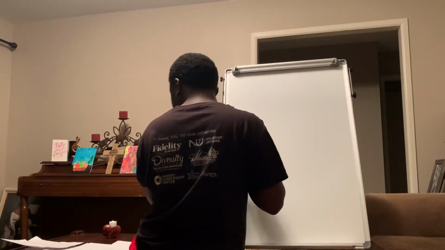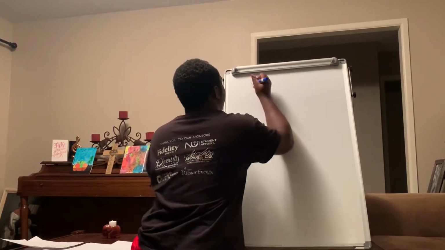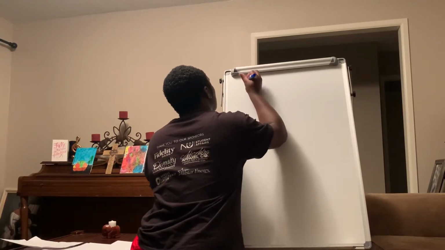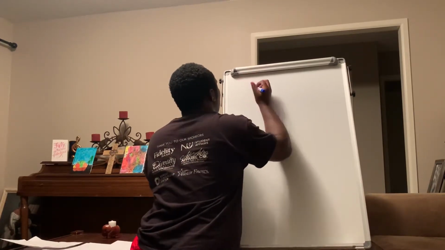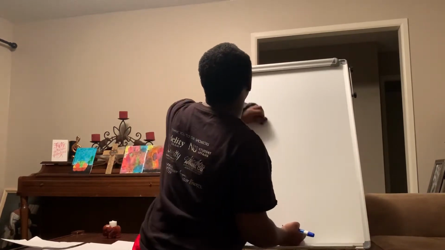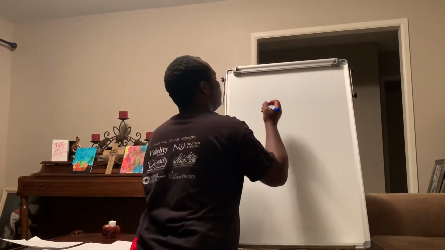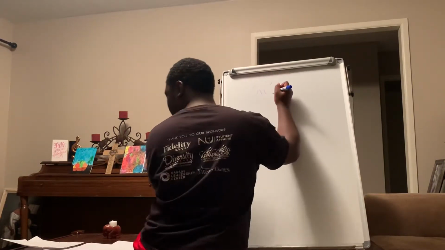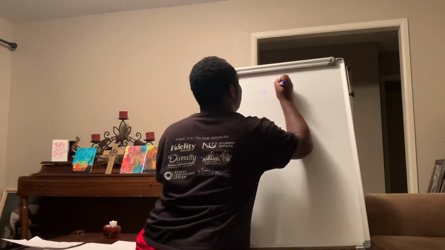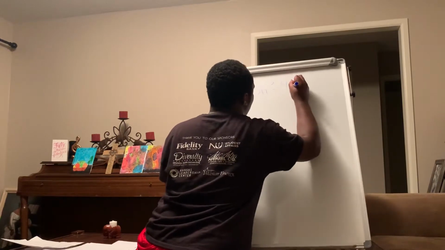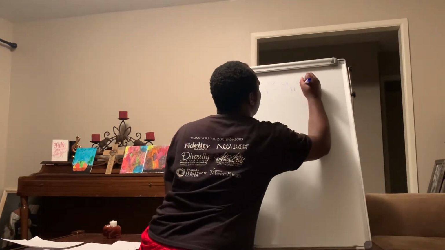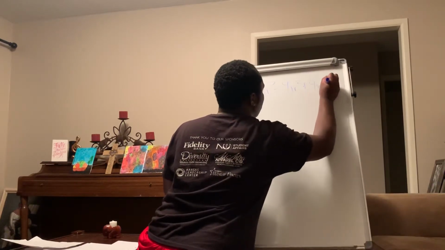My next question is 3n to the third minus 4n squared plus 9n minus 12.